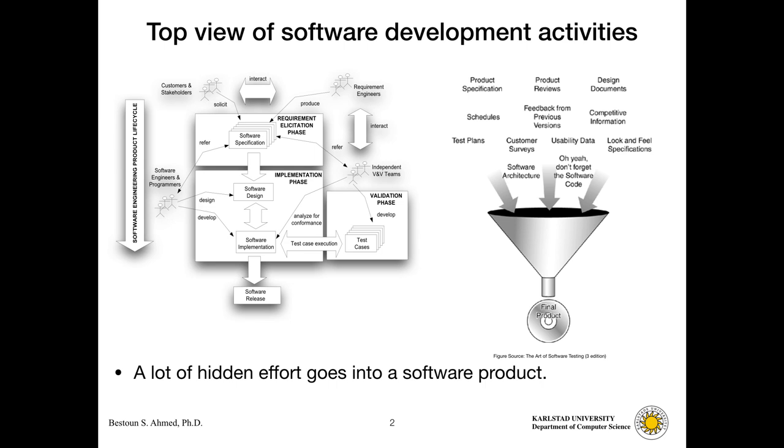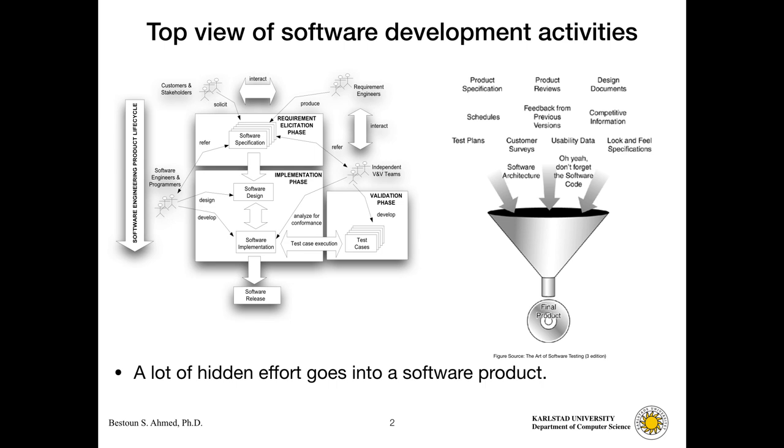This document will be passed to the design team, and then the design team will pass the design to the implementation, and then you implement the software, and then you can test it.